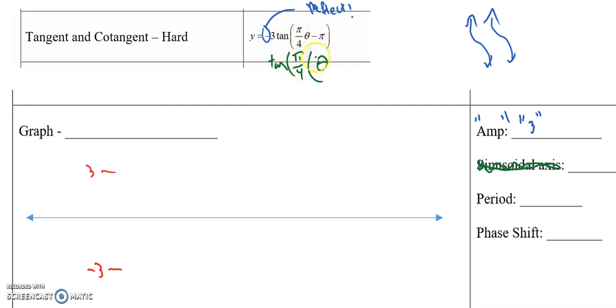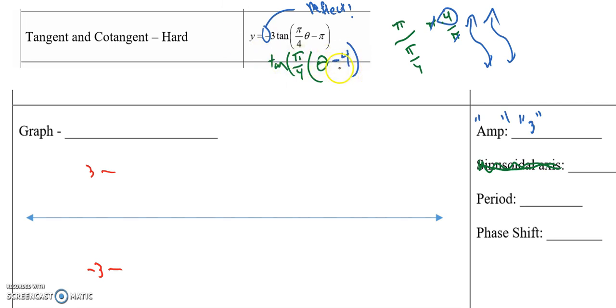Now, when it comes to the phase shift, I have to think of that pi being divided by pi over 4. So if I'm doing pi divided by pi over 4, that's the same as pi times 4 over pi, which is going to give me 4. So this would be theta minus 4 units.